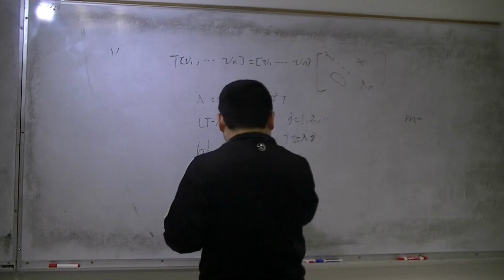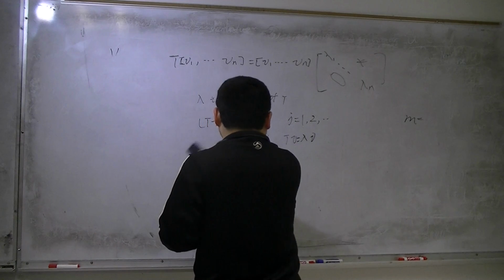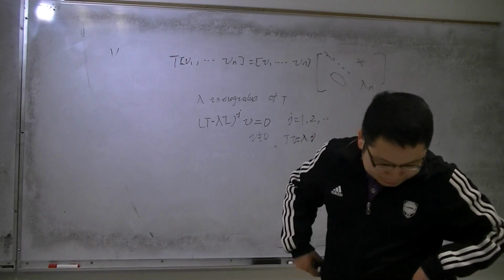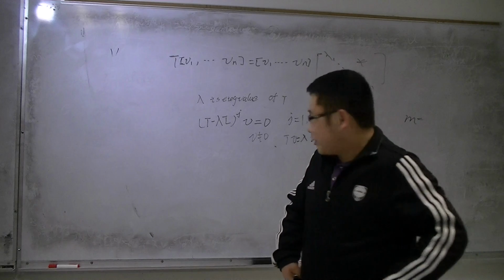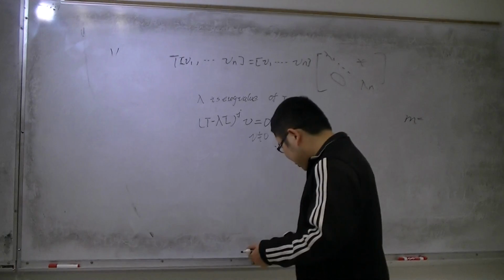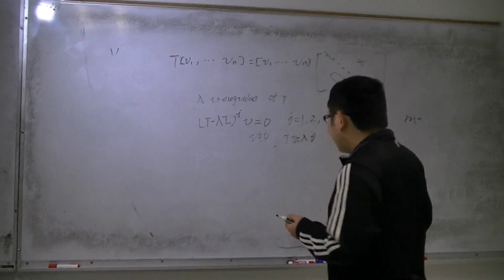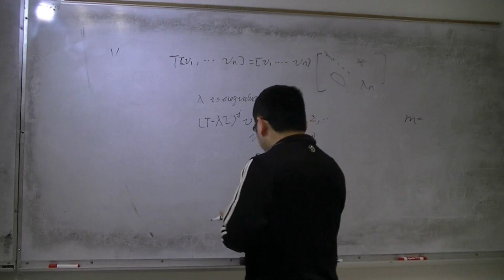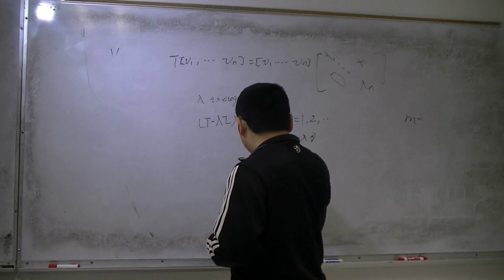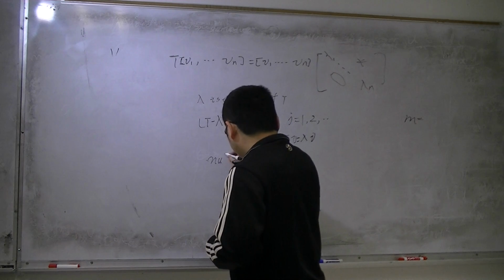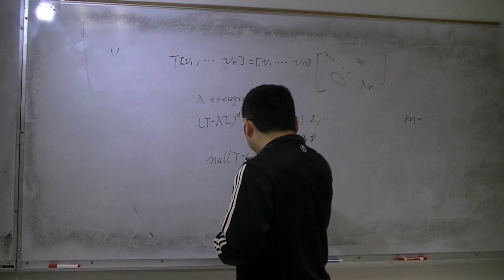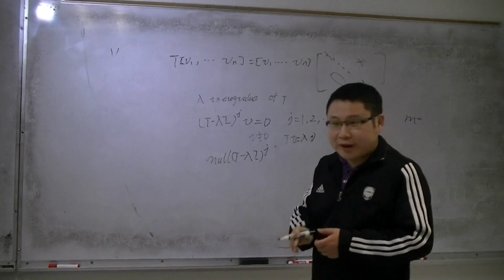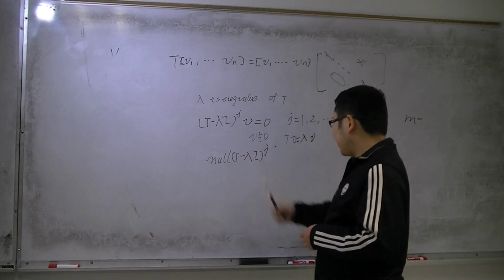This is the general eigenvalue space, and in the following, I will research some properties of general eigenvalues. For each j, the general eigenvectors form the null space of this one.